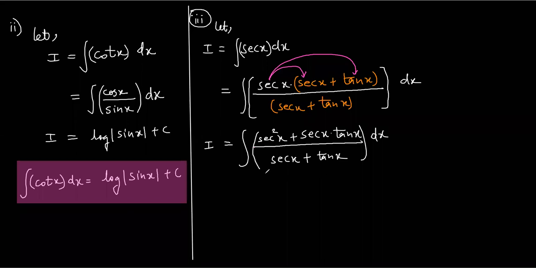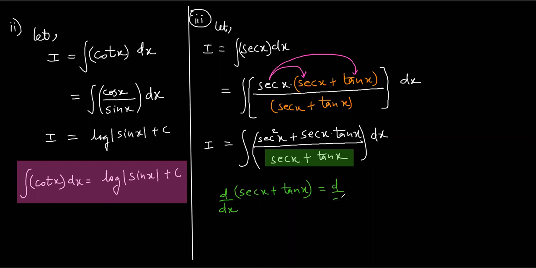Now I want you all to check the derivative of the denominator. What is the derivative of sec x plus tan x? Let us check. I write here d by dx of sec x plus tan x.